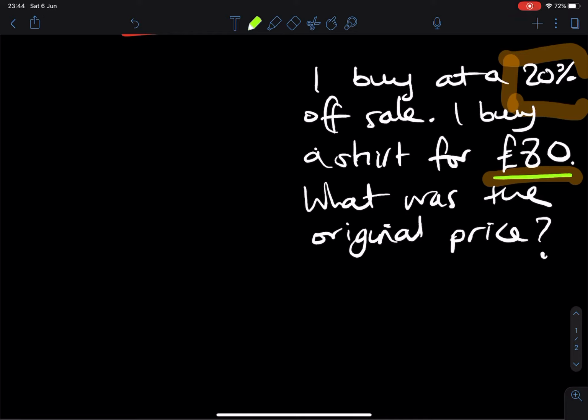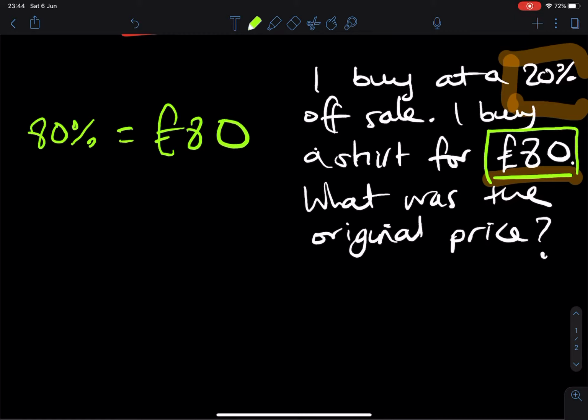I know what the new price is. I know that after a 20% deduction, the price is £80. So what that actually means is the £80 is 80% of the original value. So 80% is £80.